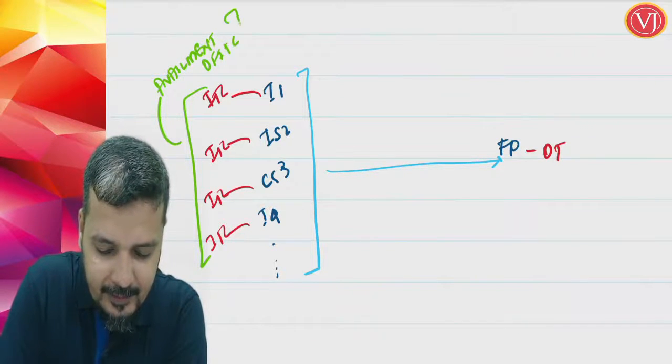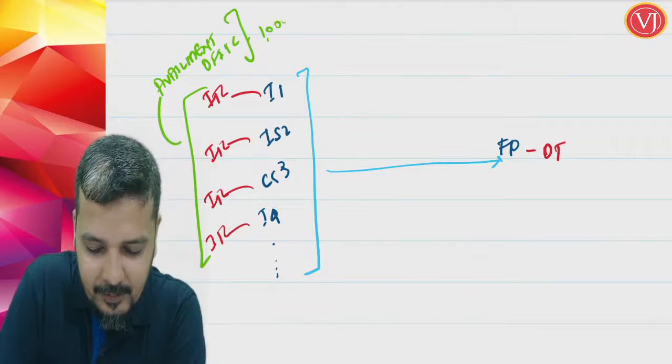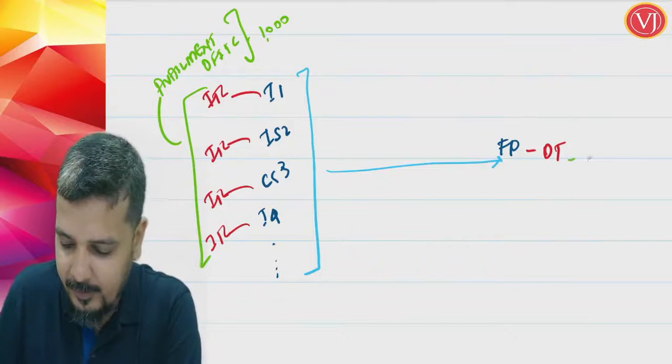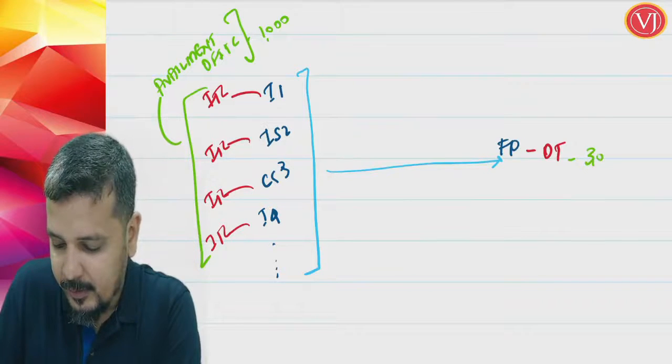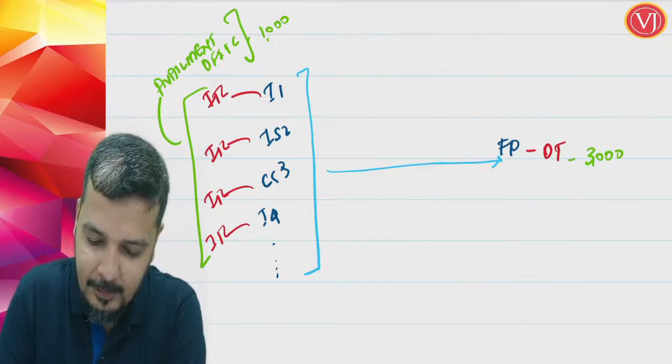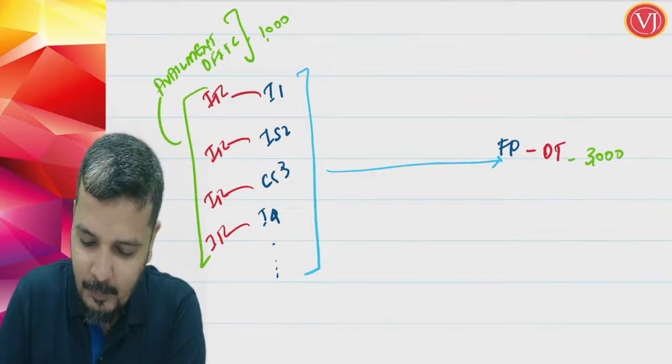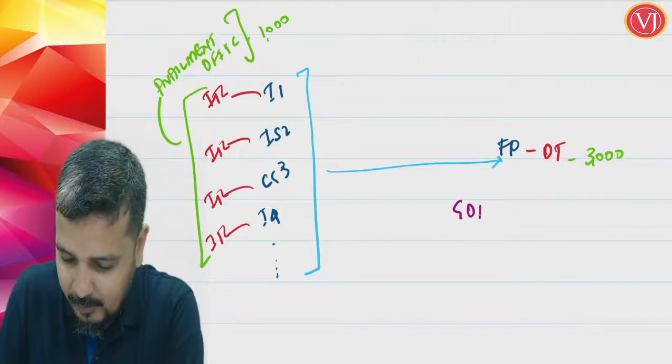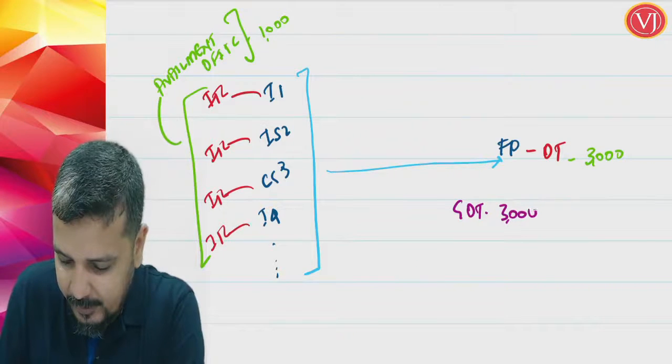Supposing this entire ITC availment is say 1000 rupees. You have to pay output tax of say 3000. When you are paying this 3000, your calculation will be that your gross output tax is 3000.